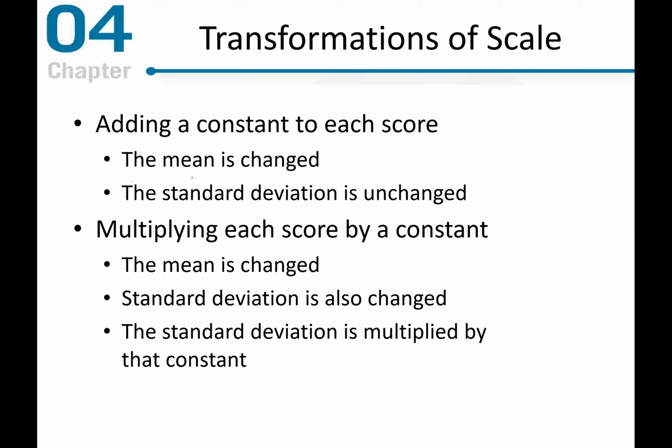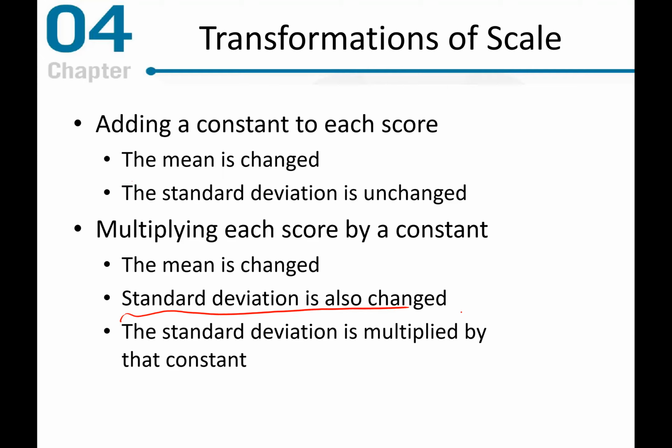However, if we multiply each score by a constant, let's say we multiply each score times 2, again, the mean is going to be changed by that same constant. And in this case, the standard deviation is also changed.